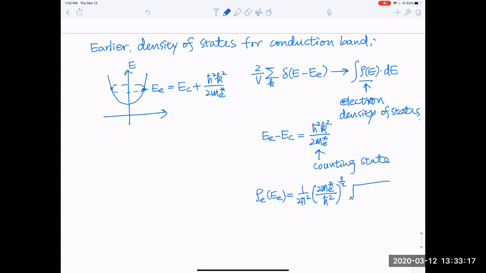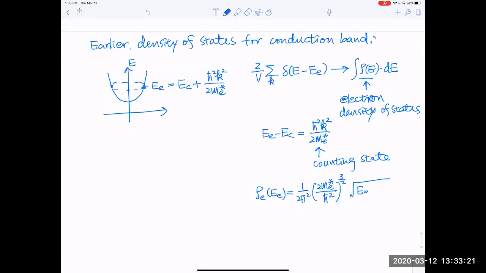The most important term is the last term. This is the electron energy minus the conduction band edge. Okay, so in other words, the density of states for the electron, rho of E versus E, has a square root dependence here. So this is proportional to the square root of E minus E_C.